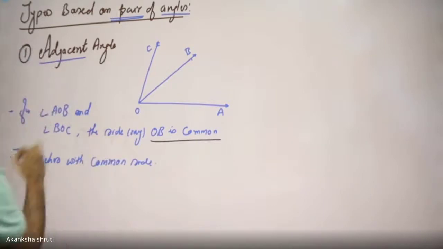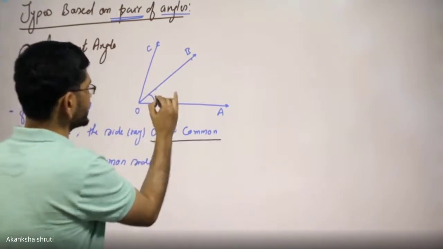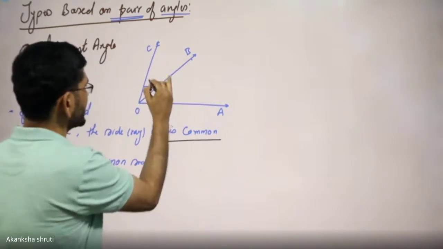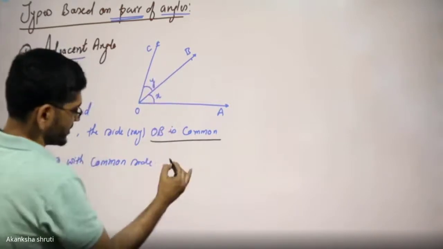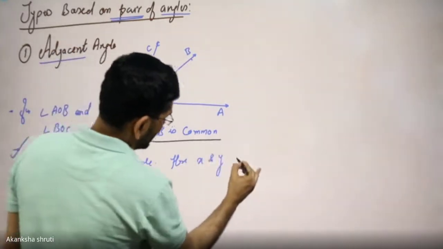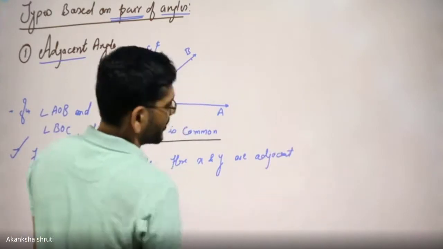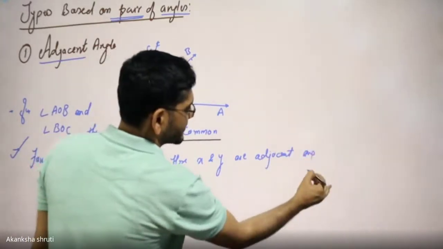This is the way of identification. Let us consider this angle as X, this angle as Y. So here X and Y are an adjacent pair or adjacent angles.